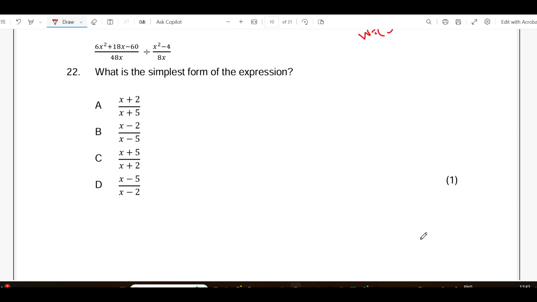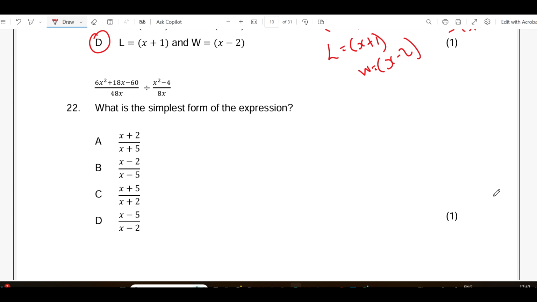What is the simplest form of the expression? The first thing that we're going to do here, we are going to turn the division into multiplication. Let's start here. There is a common factor.